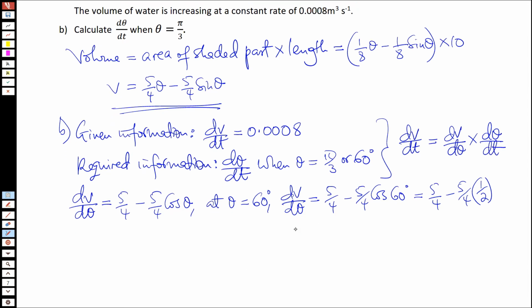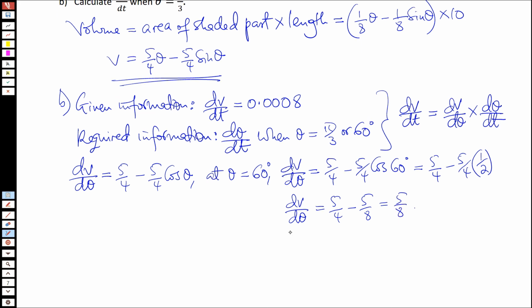So that means that dv over d theta will be equal to 5 over 4 minus 5 over 8, which is the same as just 5 over 8.